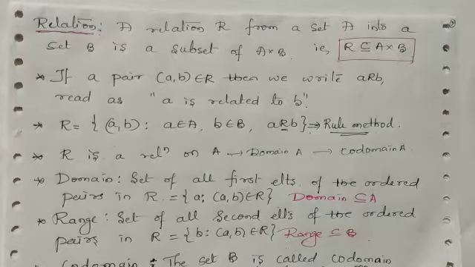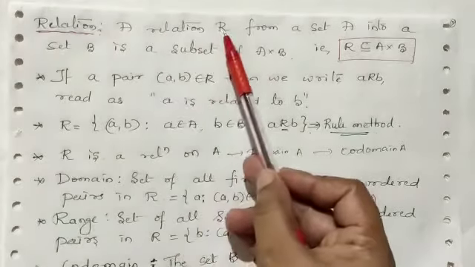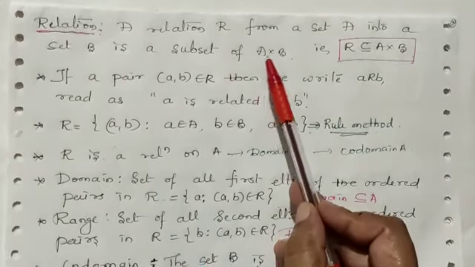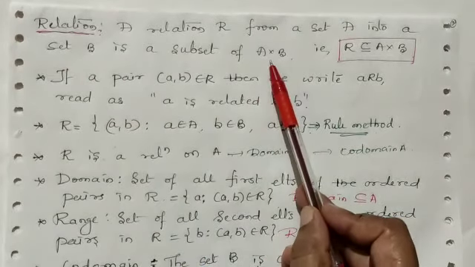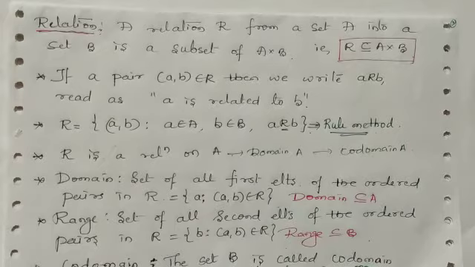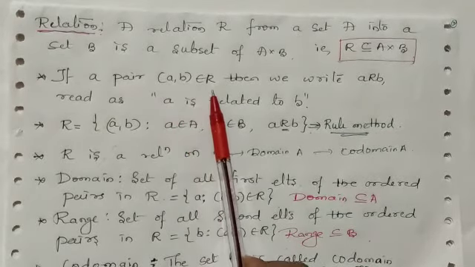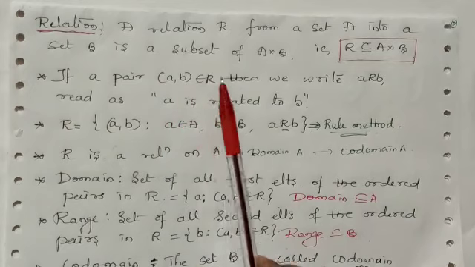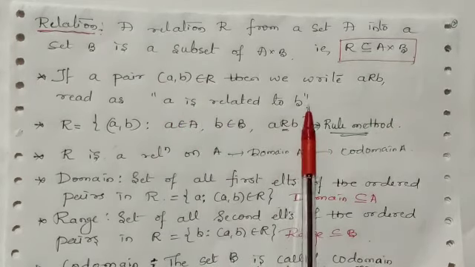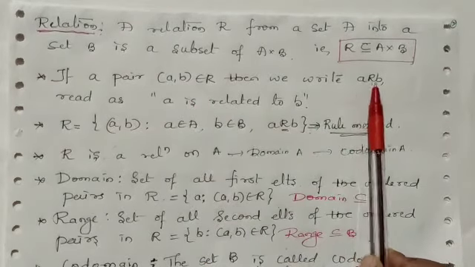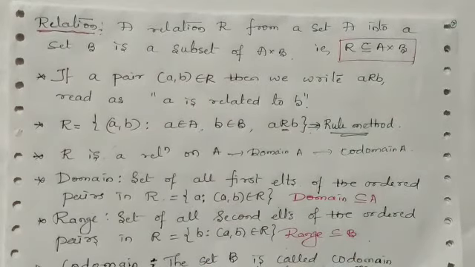We'll see the definition once again. A relation R from a set A into a set B is a subset of the Cartesian product A cross B. Next we'll come across some points. The ordered pair (a, b) belongs to R. That means what? a is related to b. Sometimes it is also written as aRb. Okay.